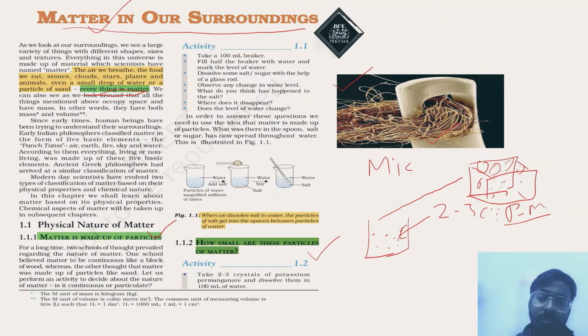What will you see? Only 2 to 3 crystals of potassium permanganate will give color to about 1 liter of the water. It means that the particles are very small.